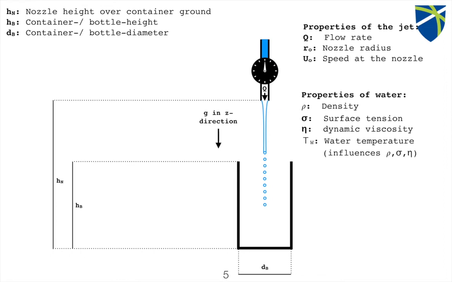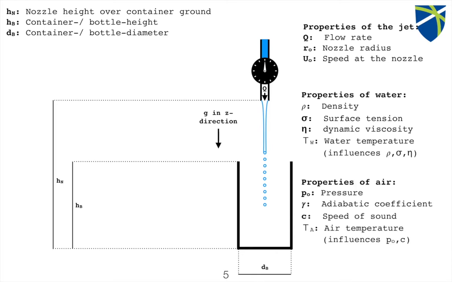The water being used has certain properties which change with temperature: the density, the surface tension, the dynamic viscosity. The air surrounding the experiment also has certain properties, most importantly the speed of sound and the change of these properties with temperature.